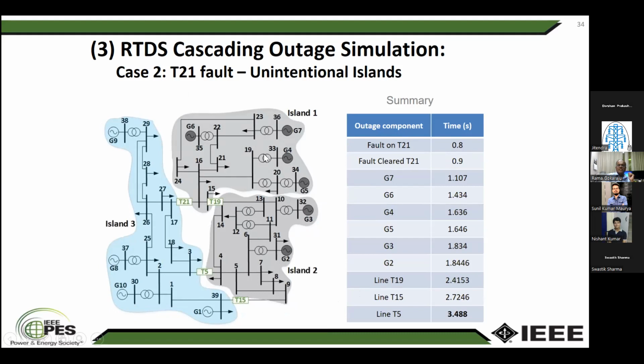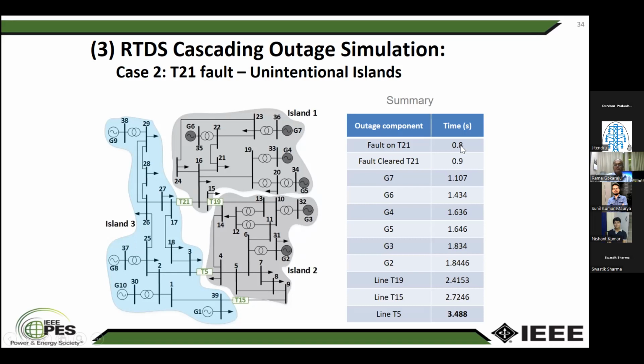The gray area you see here, those are the ones where the unintentional island happened, losing all the generation here. Okay. So you can see 1, 2, 3, 4, 5, and 6 generators are lost. Island 3 is still intact. The rest, island 1 and 2, are the ones that are blacked out.